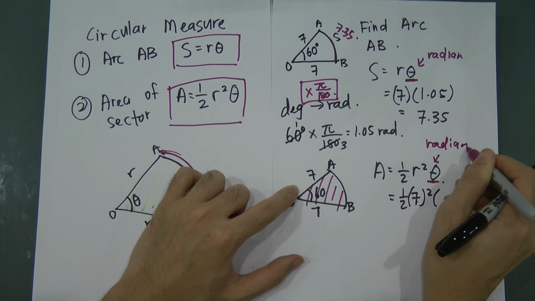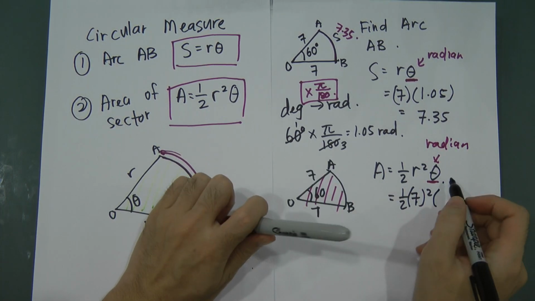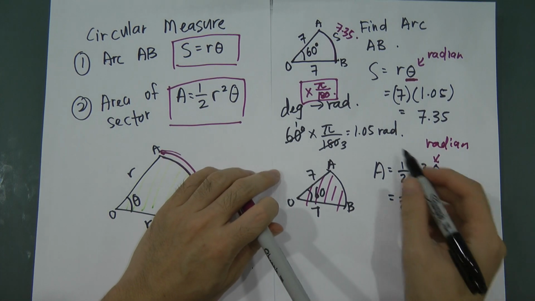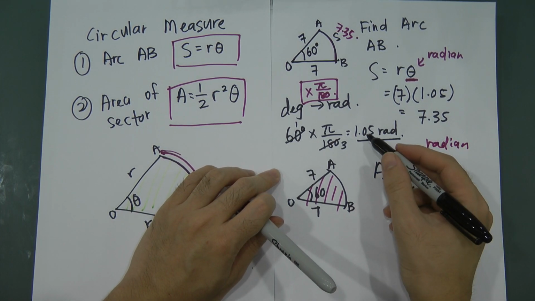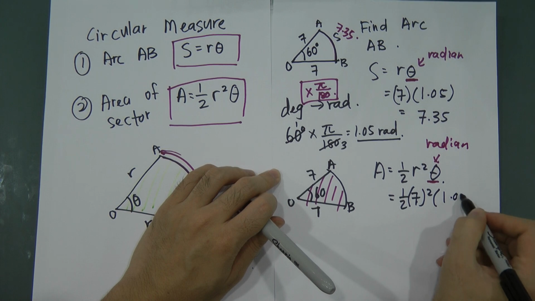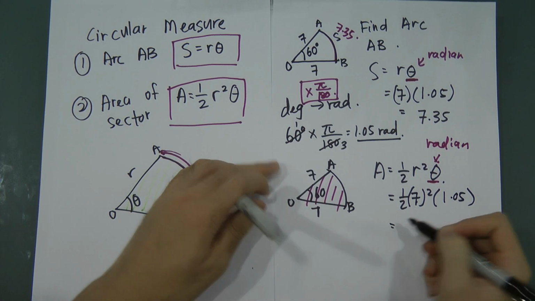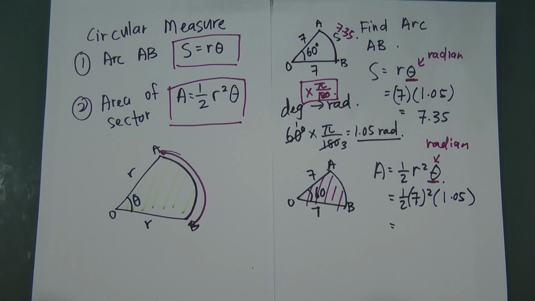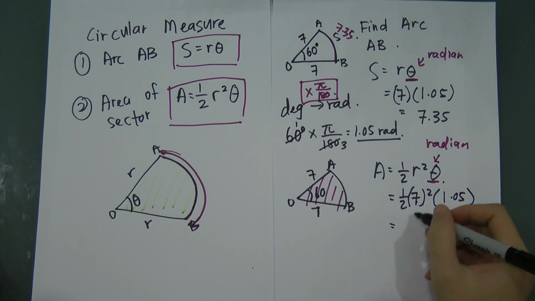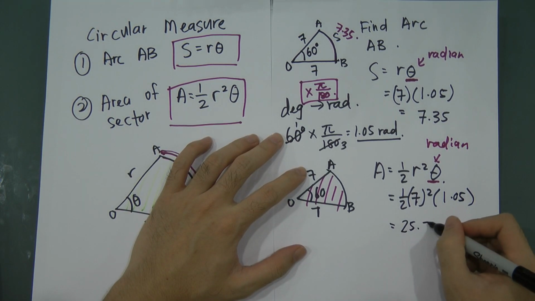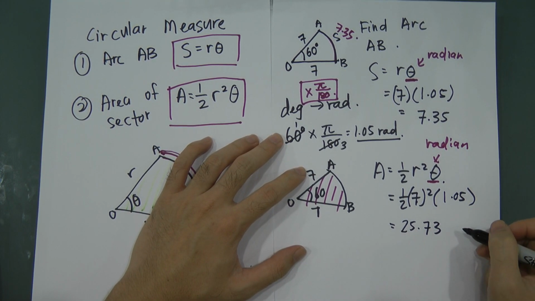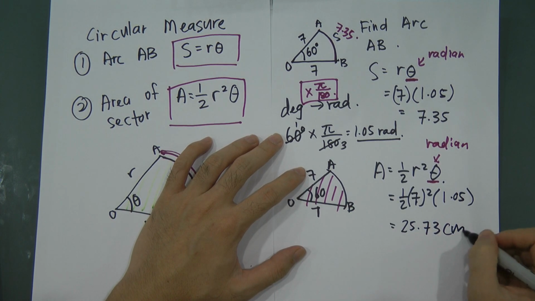Don't ever put the degrees into it. In radian, we got 1.05 just now. So pressing the calculator, 49 multiplied by 1.05 divided by 2, we get 25.73. If this is cm, it will be cm squared.